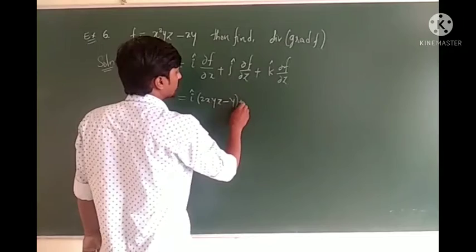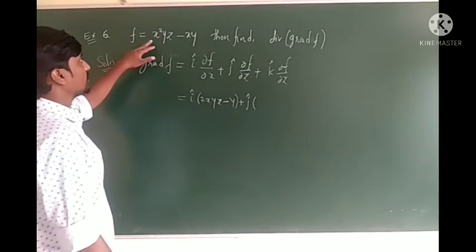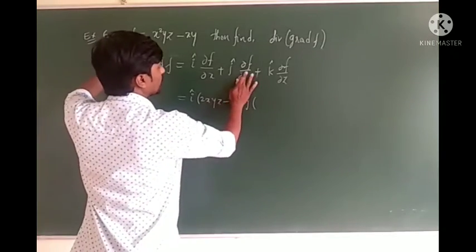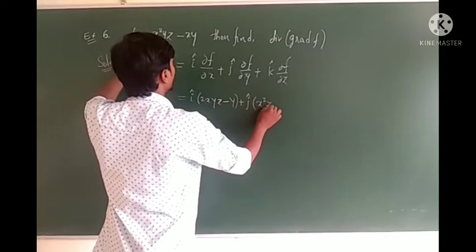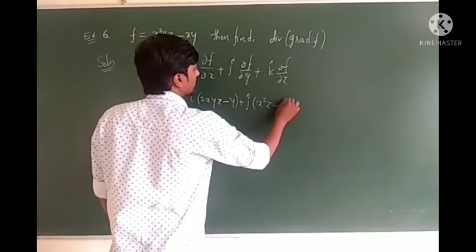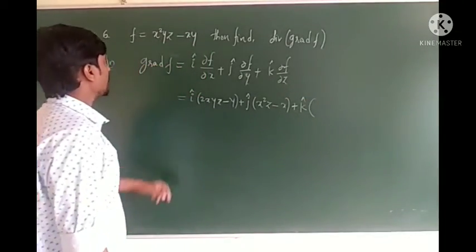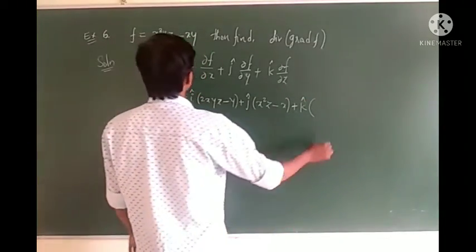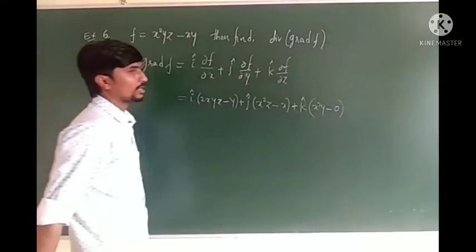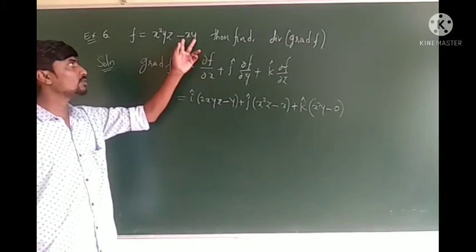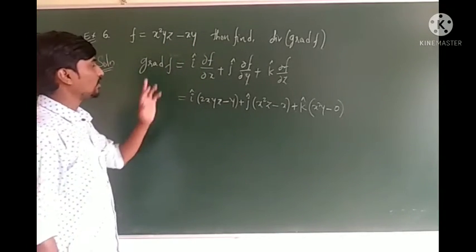Next plus j into dou f by dou y. So again differentiate the given function with respect to y, so it is x square z minus x. Plus k into, differentiate again f with respect to z. So this becomes x square y minus 0, because the z coordinate is absent and these two become constants. Now this is what emerges, the gradient of f here.